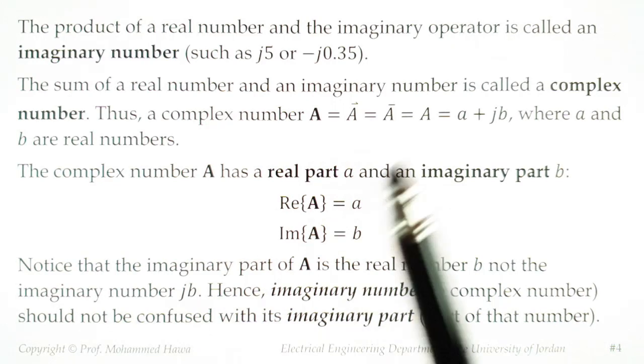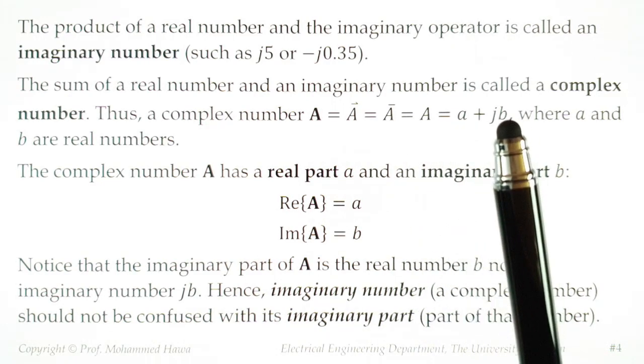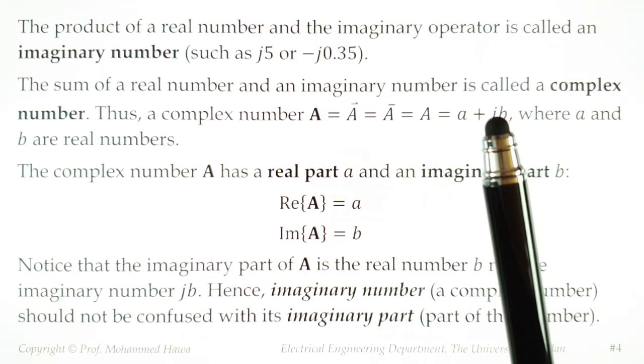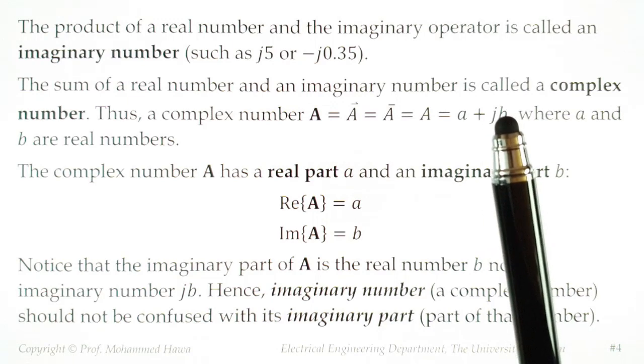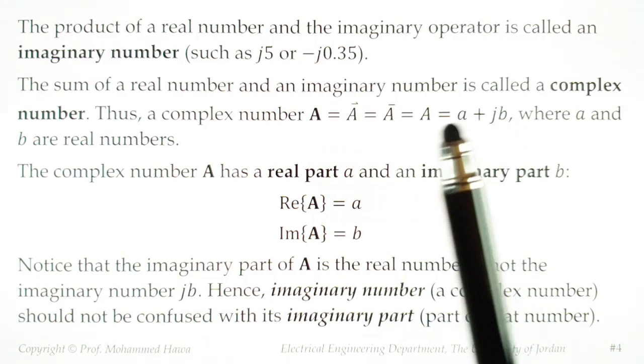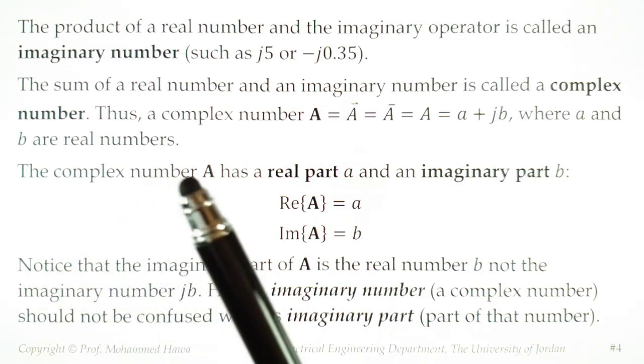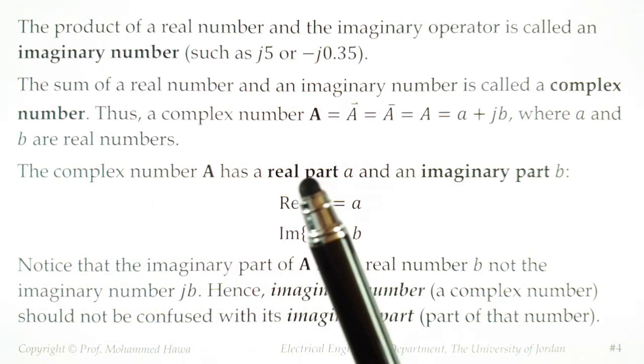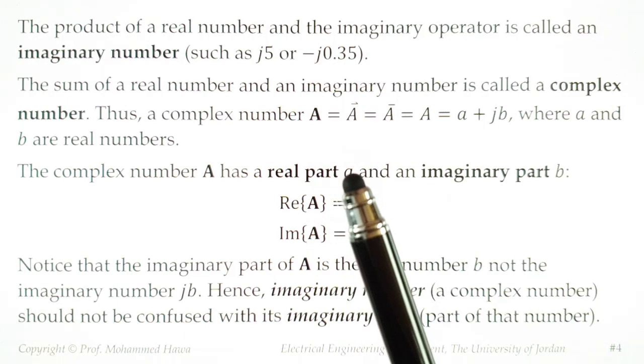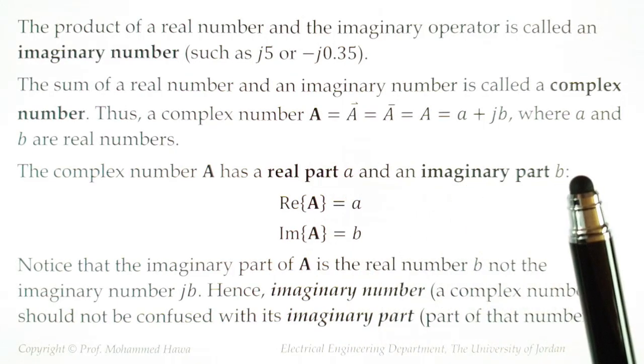Please understand that both a is a real number and b is a real number. However, because we multiplied b, which is a real number, by j, we got an imaginary number. Because we added an imaginary number plus a real number, we got a complex number. We say that the complex number consists of two parts. It has a real part, that's a, and an imaginary part, that's b.